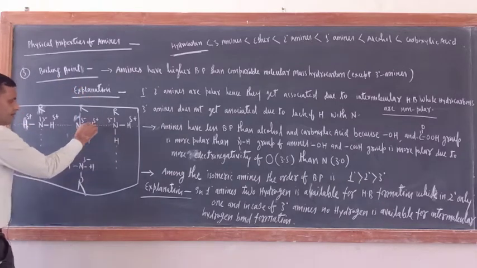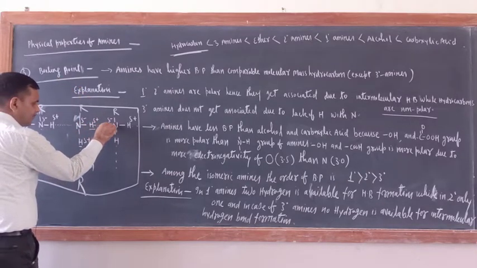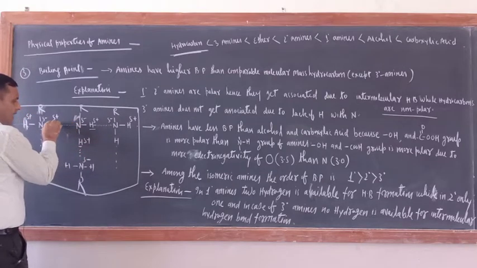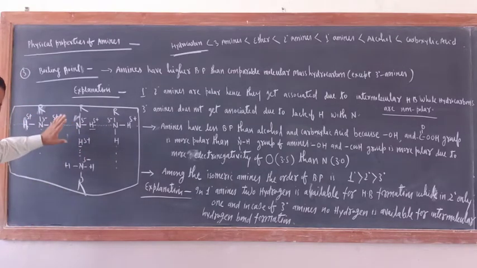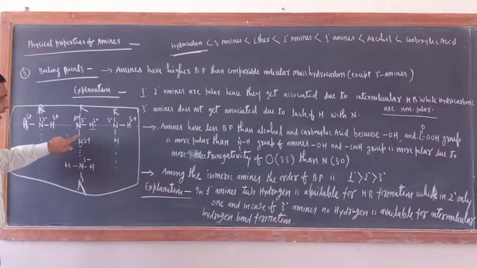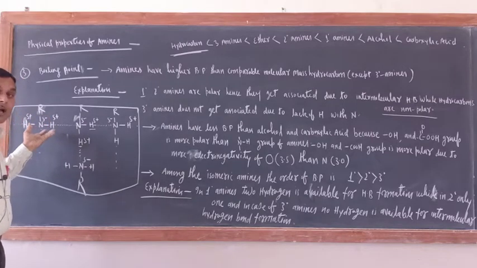Just see, with the help of this hydrogen, with the help of this hydrogen, and with the help of this nitrogen. Okay, so this 1 degree amine, this side with H, this side also with H, and N of another molecule, and N and H of other molecules. Okay, so this is the kind of intermolecular hydrogen bonding.